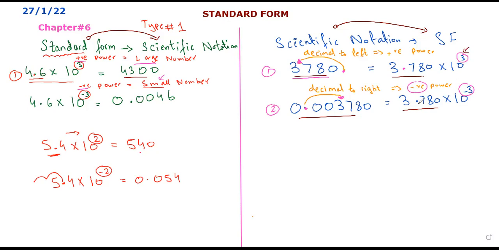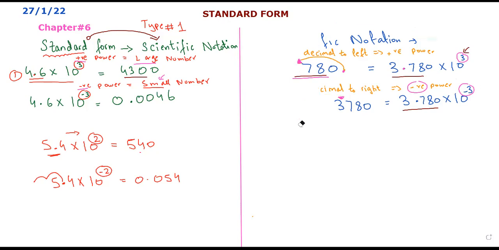Are you clear with this now? Yes. Are you sure, Saneem? Have you understood this? Yes, I've understood. Okay, perfect. So let's talk about some more examples related to this topic, where we'll be adding standard forms, and let's see how we do that.